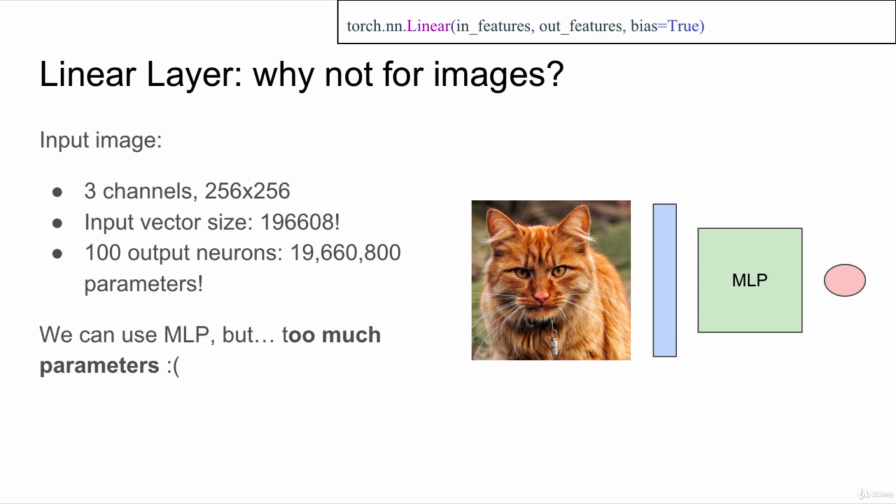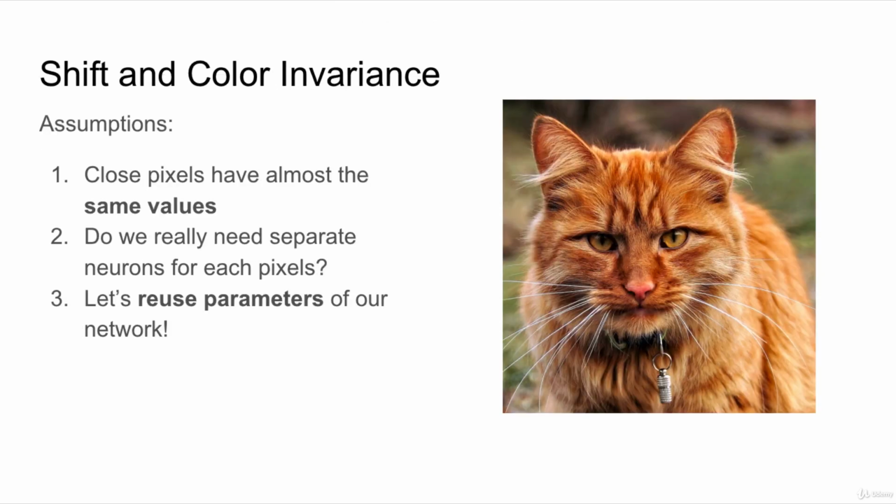Good idea, but if our input image has 3 channels and size 256 by 256, after reshaping we will have a vector of size around 200,000. That's the main motivation for introducing convolutional neural networks. Too many parameters in the linear layer.